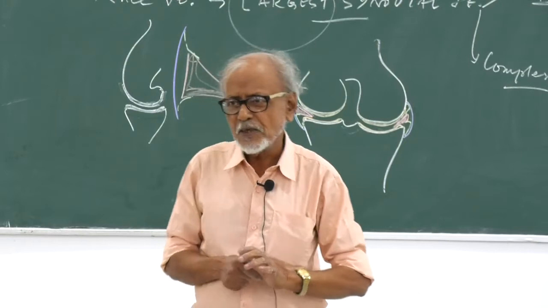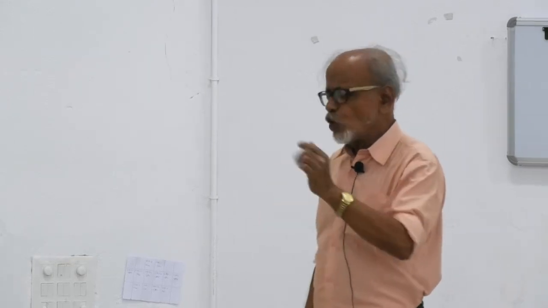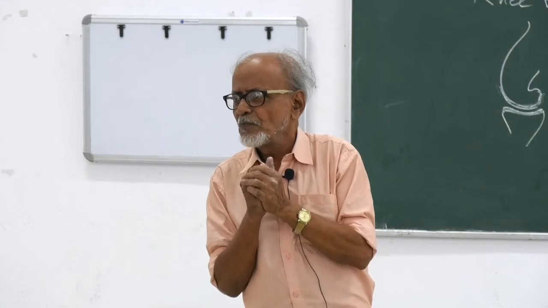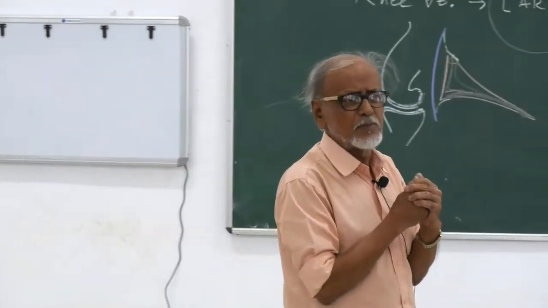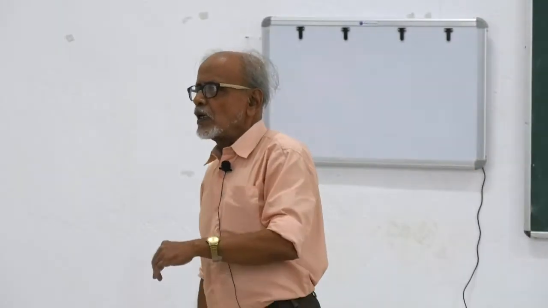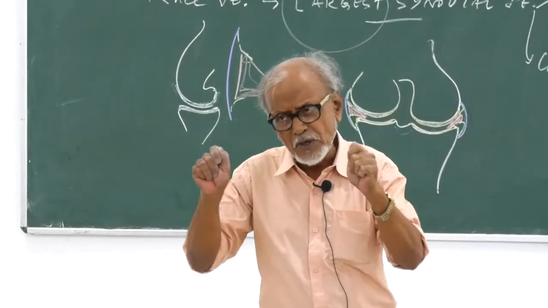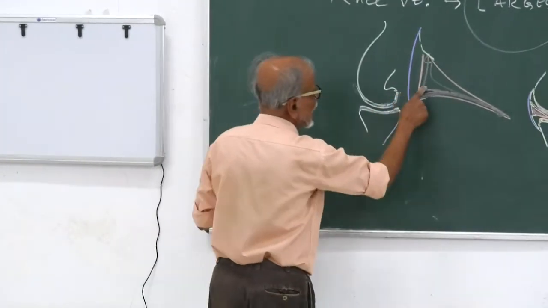The capsular ligament is here. Remember it this way: some of the deep fibers of the capsular ligament, plus on the medial side the tibial collateral ligament, the medial ligament of the knee joint. Besides the deep fibers of the capsular ligament on the medial side, the tibial collateral ligament deep fibers anchor the menisci with the tibial condyles. So the two menisci I have drawn need some fibers to hold them to the tibial condyles.